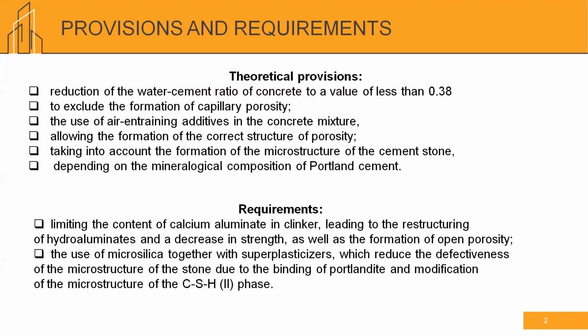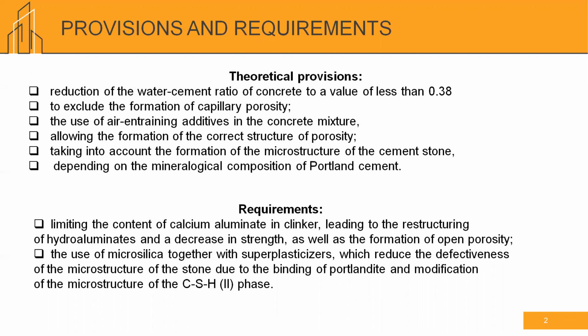As is known, to achieve a high class of concrete in terms of frost resistance, it is required to create a dense, impermeable cement stone with a uniformly distributed fine pore structure. The currently known theoretical provisions that allow achieving a high indicator are as follows.